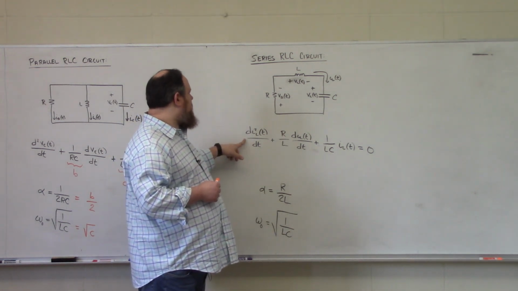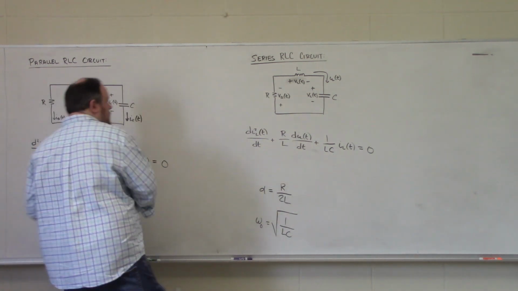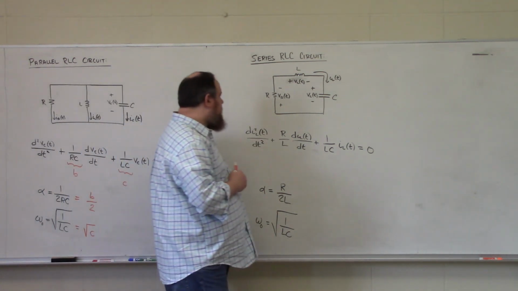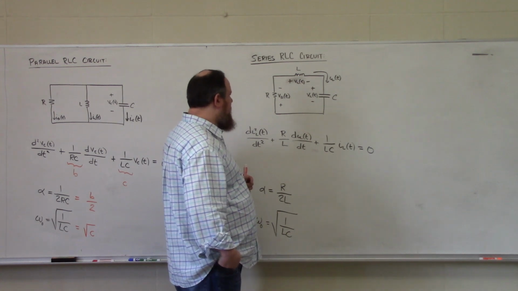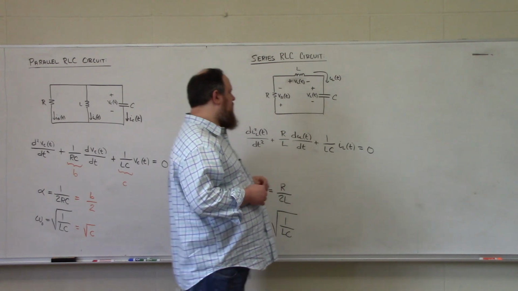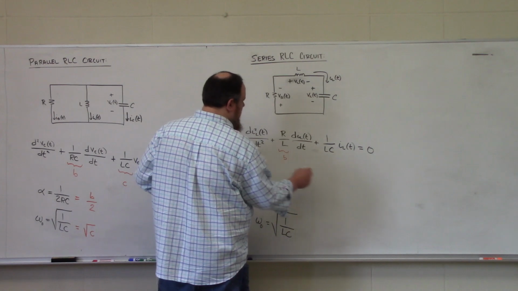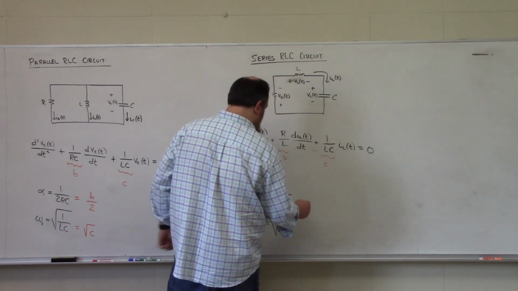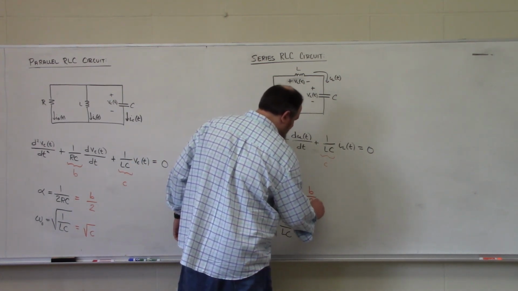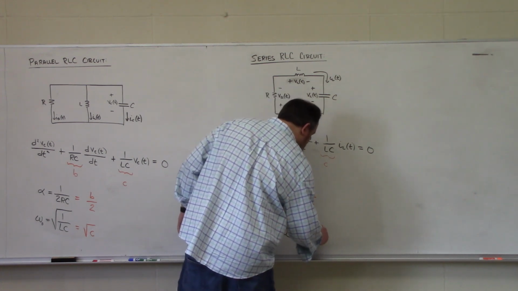The second derivative of the inductor current with respect to time plus R divided by L times the first derivative of the inductor current with respect to time plus 1 over LC times the inductor current is equal to 0. If we consider this coefficient again to be B, and this coefficient again to be C, we again find that alpha is simply B divided by 2, and omega naught is the square root of C.